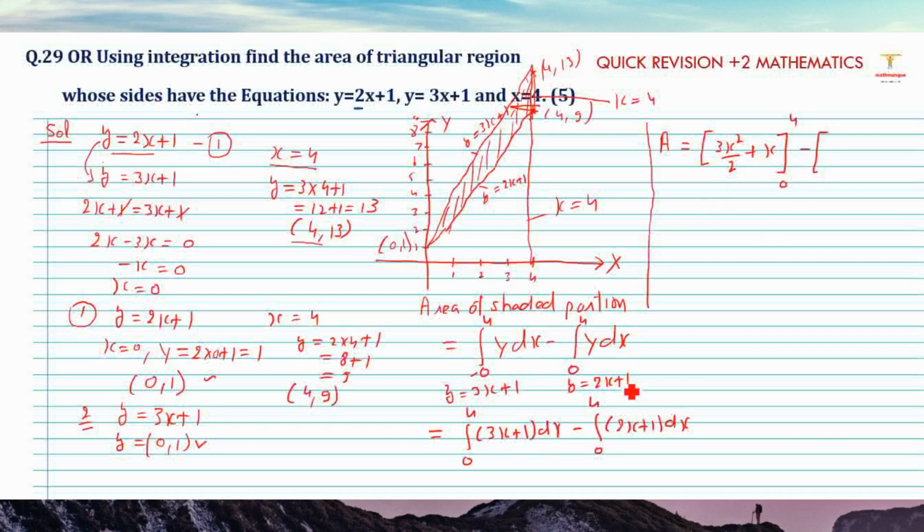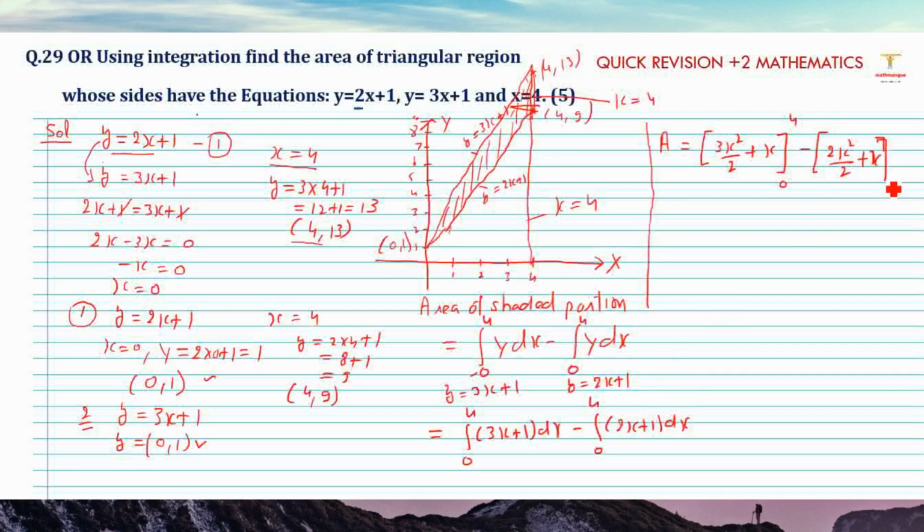Now you go through this one. This is 2x square upon 2, and you put the sign plus 1 here. The integration of 1 is x, from 0 to 4.